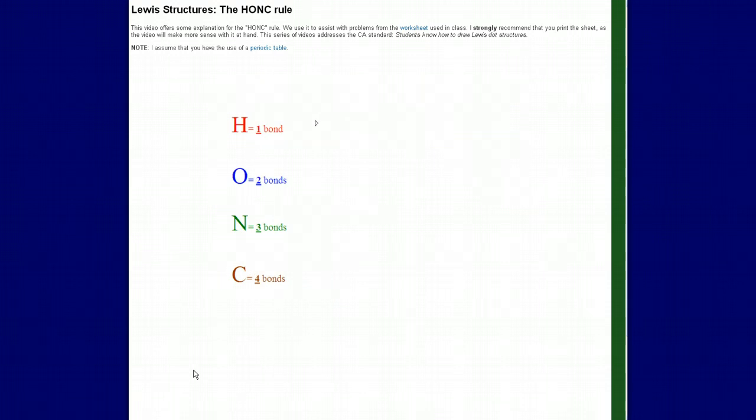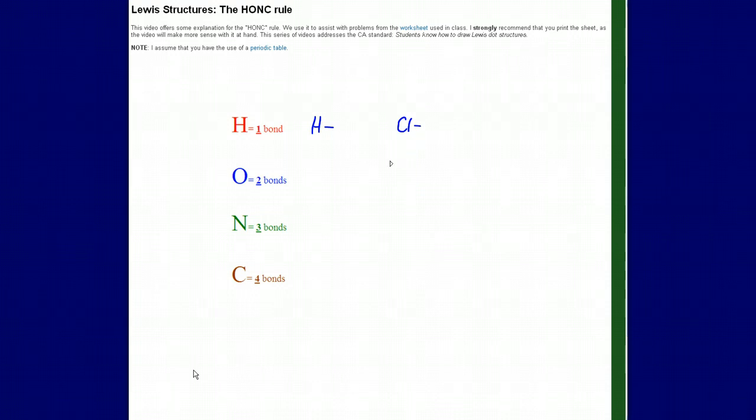So let's look at how this is useful in drawing Lewis structures. So hydrogen in a chemical compound will tend to have a single covalent bond, because hydrogen will only end up with 2 electrons around it. That bond, which is essentially 2 shared electrons, will suffice. The halogens, on the other hand, we'll take chlorine as an example.